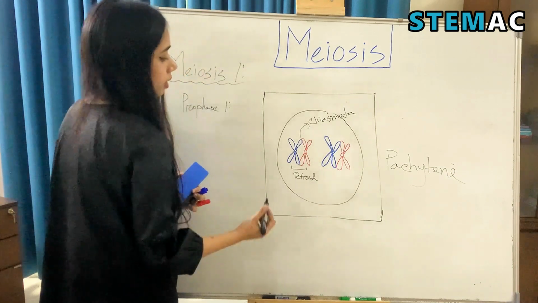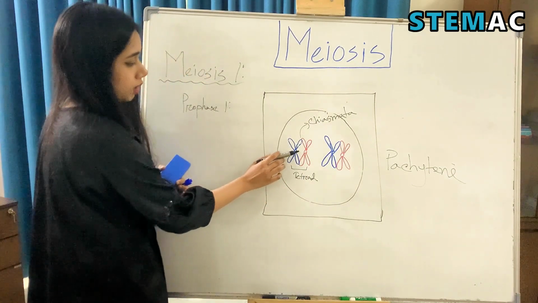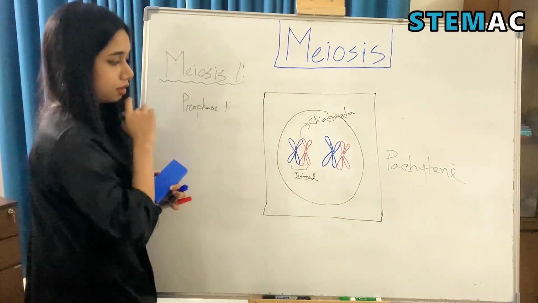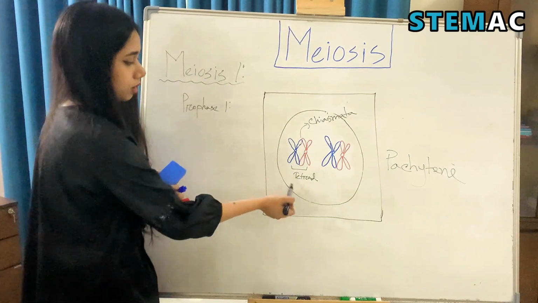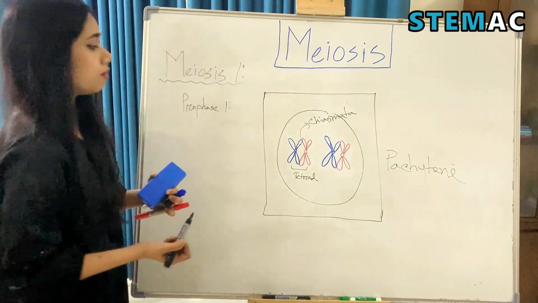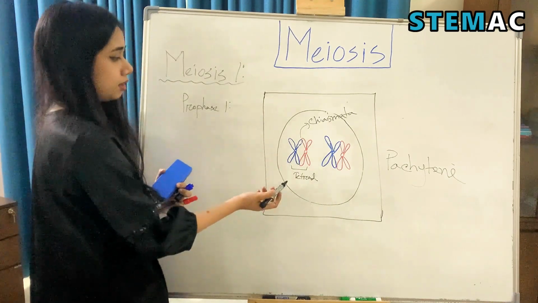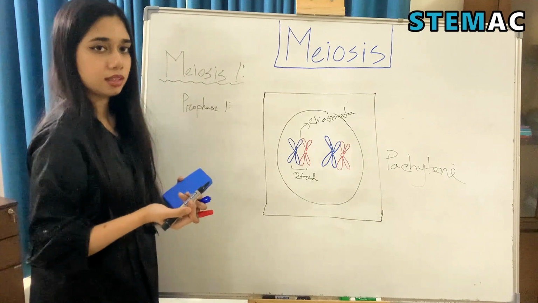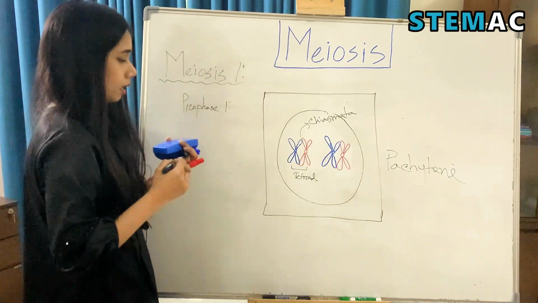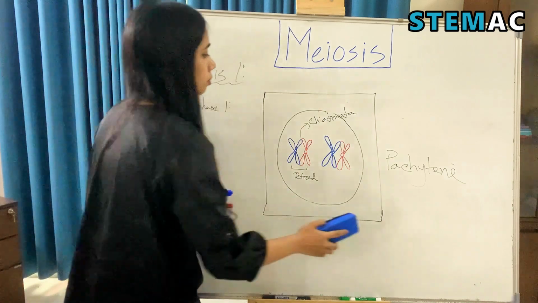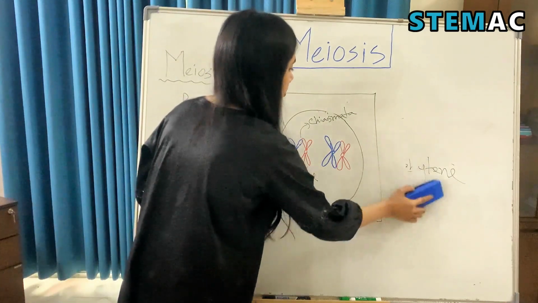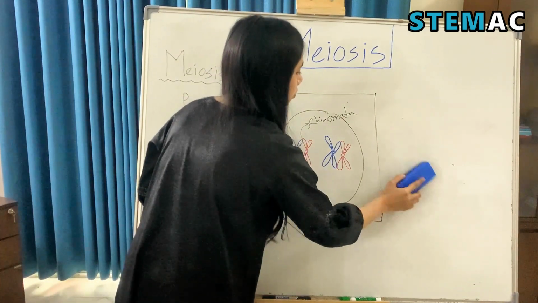It's called a tetrad because there are 4 chromatids within this formation: 1, 2, 3, 4 chromatids. When the tetrad has formed, crossing over will start to take place. So this was the pachytene phase, and after that we will move to the diplotene phase of prophase 1.